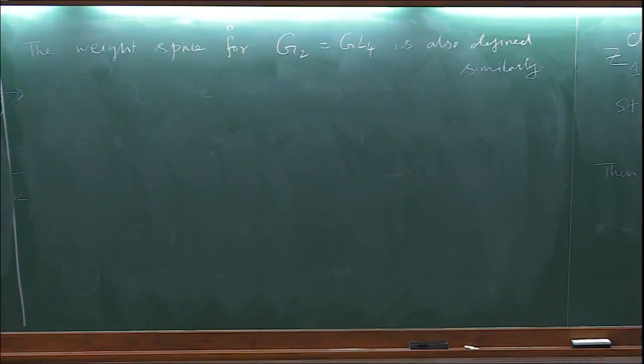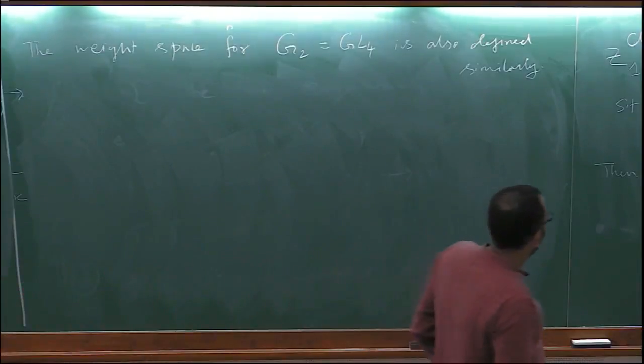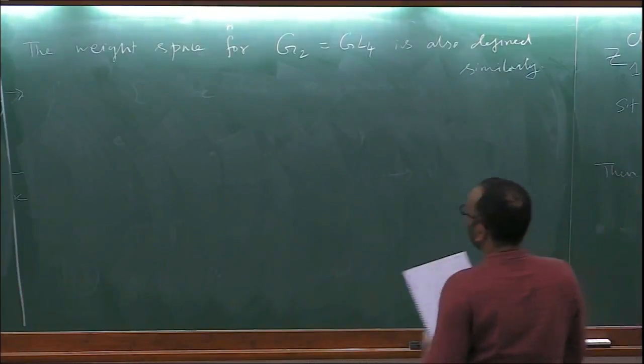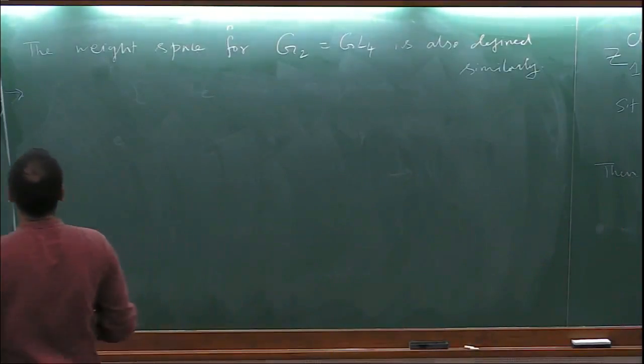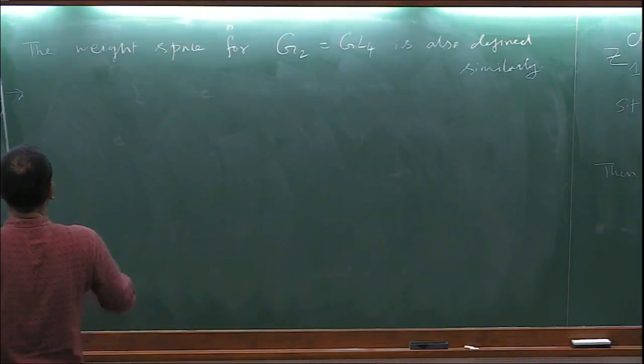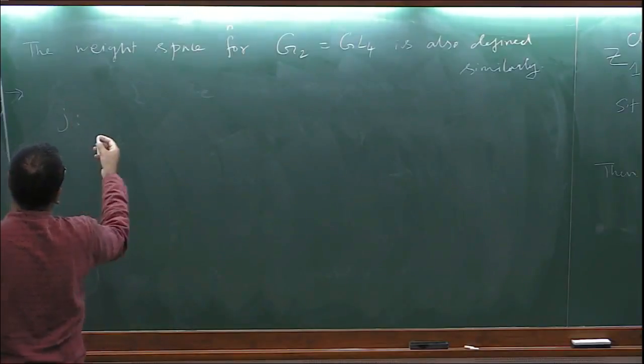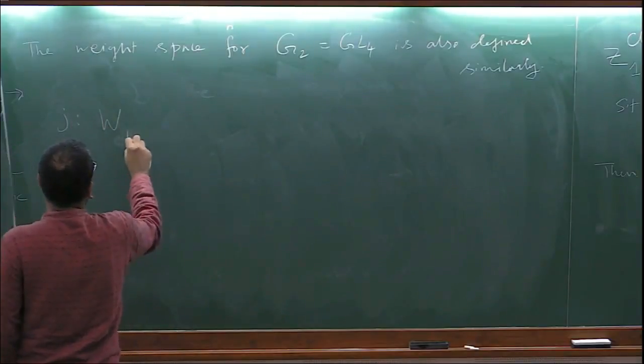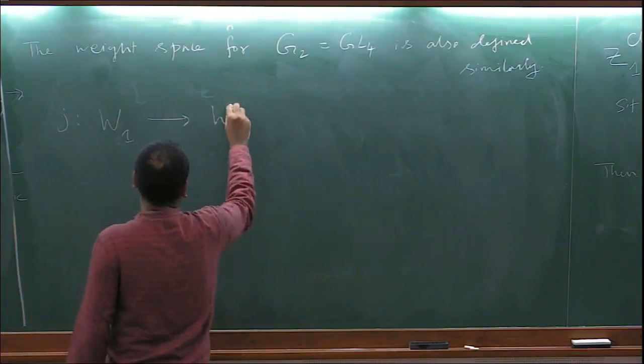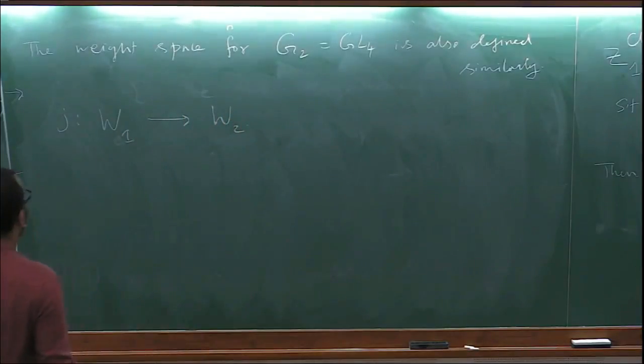Okay, so we now need to construct a map between these weight spaces. That's the first step. This map J was a closed immersion on the weight spaces. Let me quickly say how to do that. I want to construct a map like this. Now, what is the weight here?